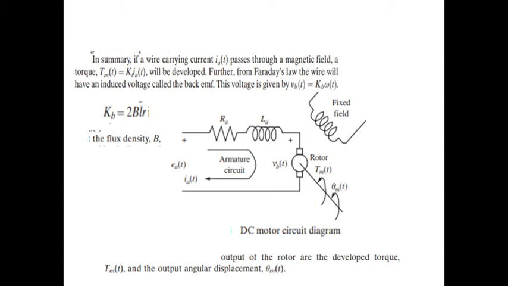This back EMF is proportional to the speed of the motor. When the motor speed increases, more and more flux it will cut and the back EMF increases. Back EMF is 0 whenever the motor is at zero speed. As speed increases, the back EMF also increases.